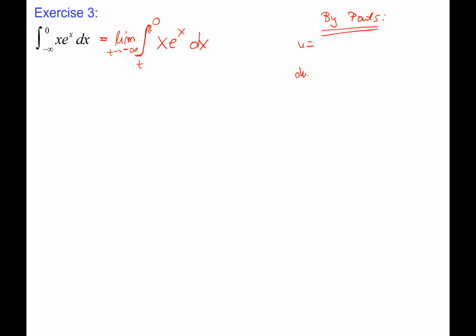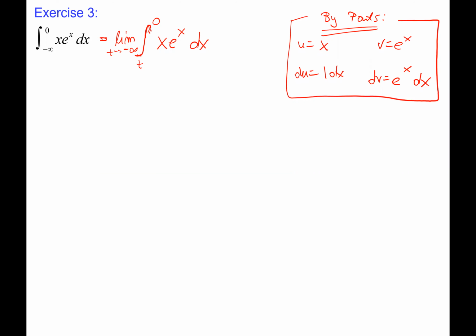u, du, v, dv. Now x e to the x. Of course, I will let x, the algebraic function, be u, and e to the x dx will be dv. The derivative of x is 1 dx. The antiderivative of e to the x is e to the x.